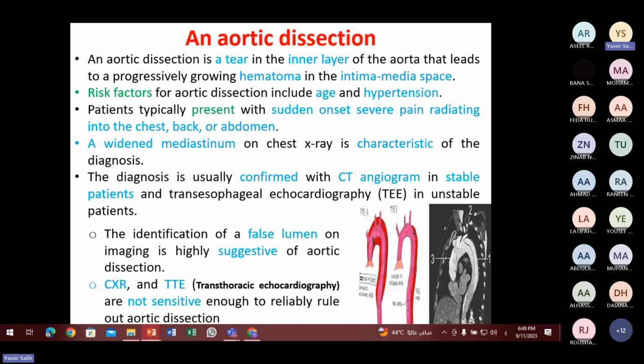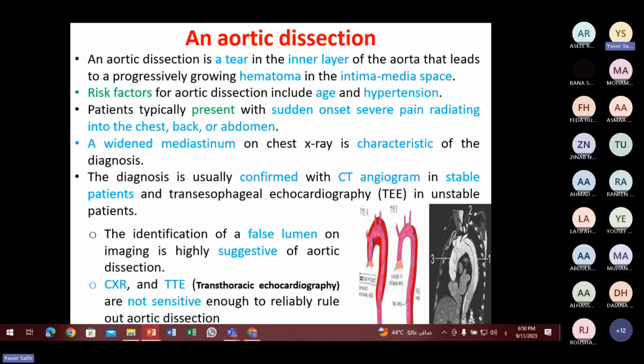Now let's see what we find in the CT. This is the CT. You can see the blood in the normal lumen, but we also have a false lumen where the blood is escaping. Notice there is a line called the intima, the intimal flap. The flap is the tear in the inner layer, and the blood escapes to fill the false lumen. When we find this false lumen, it is highly suggestive of aortic dissection.